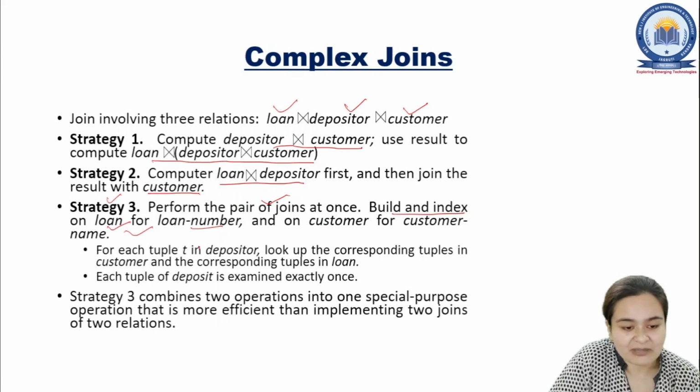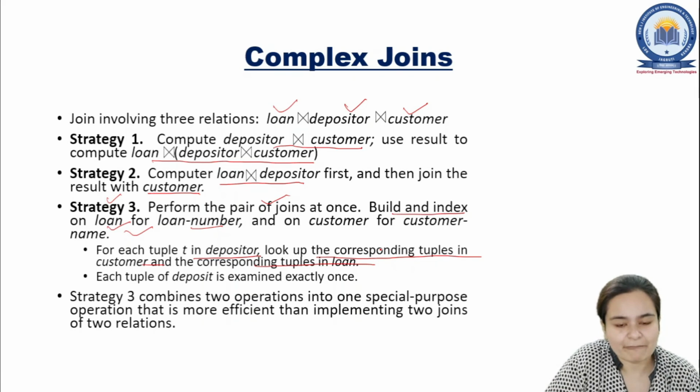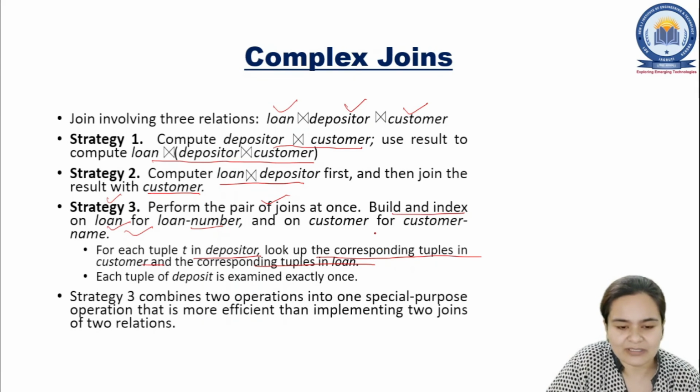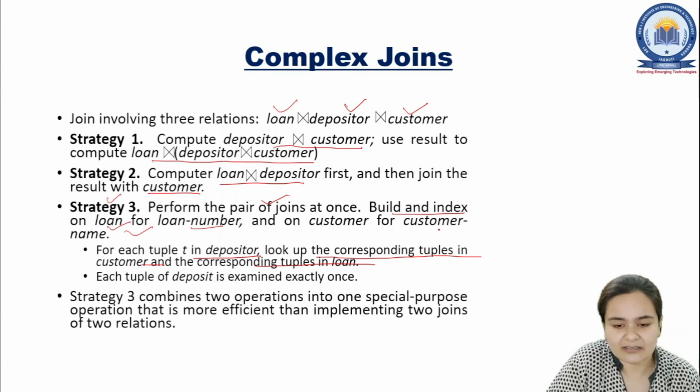So for each tuple t in depositor, we look for the corresponding tuples in customer and the corresponding tuples in loan. If we are a naive user, we don't know where to satisfy these values, so we can keep a value with us and then match up all the other tuples with the other relation.